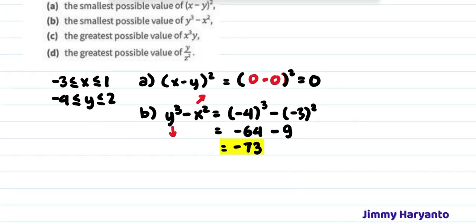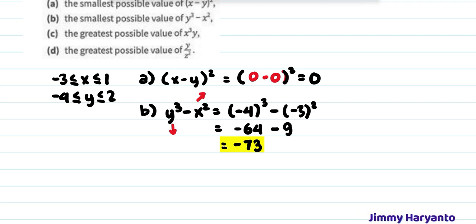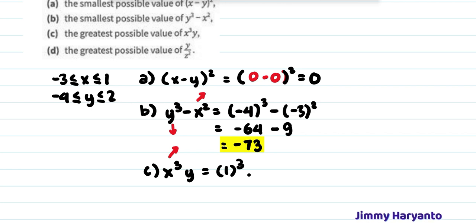Okay, and then next is x cubed times y. For the C we have x cubed times y. X cubed times y means the greatest, so the x cube has to be the greatest. That means positive numbers, 1 to the power of 3, times the y has to be the greatest also, but you cannot choose the -4 because -4 is... my bad.